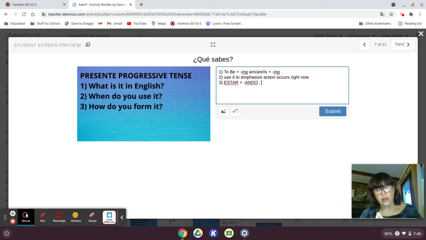If it is an ER verb or an IR verb, you're going to add yendo. So, estoy hablando. Estás escuchando. Él está escribiendo, leyendo, comiendo, lo que sea.